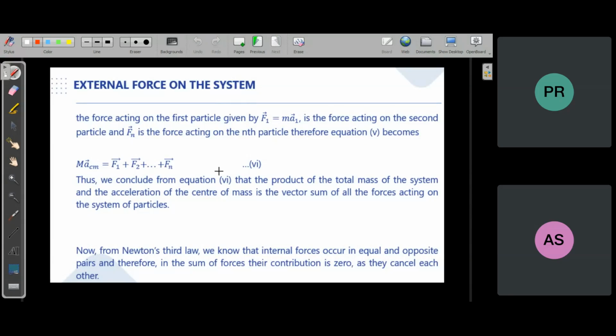So now from here you can clearly see that the total external force on the system is coming out to be equal to mass of the whole system into acceleration of the whole system. So now this is Newton's second law for a system of particles, for a body. First law we discussed; second law for particles only.